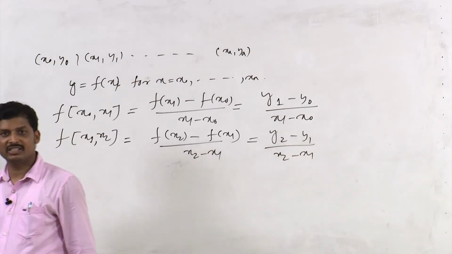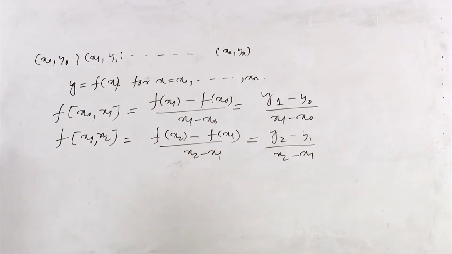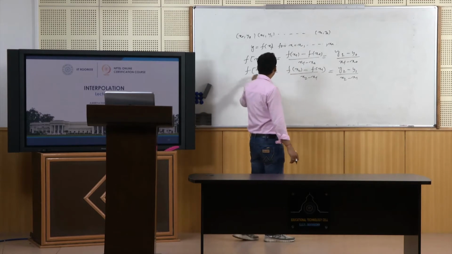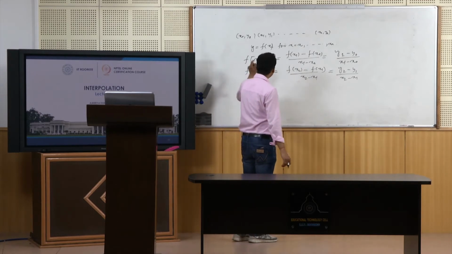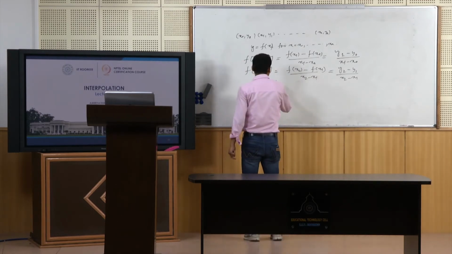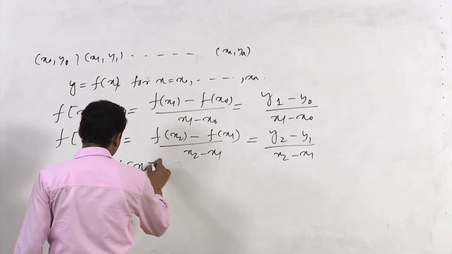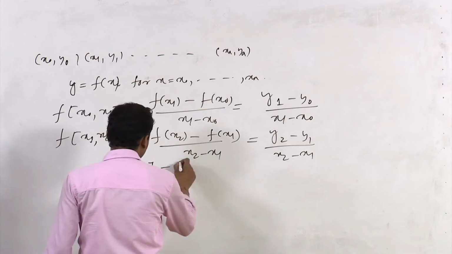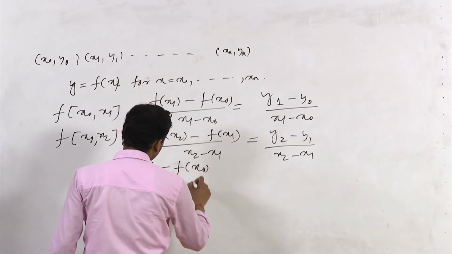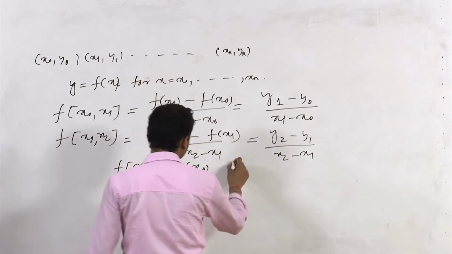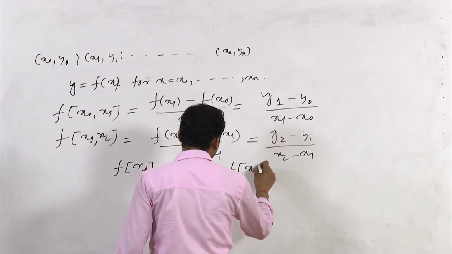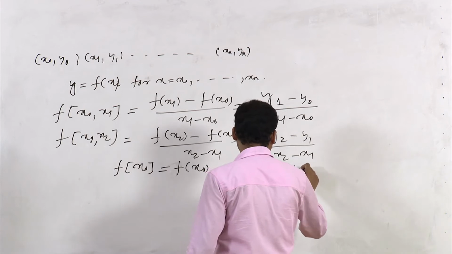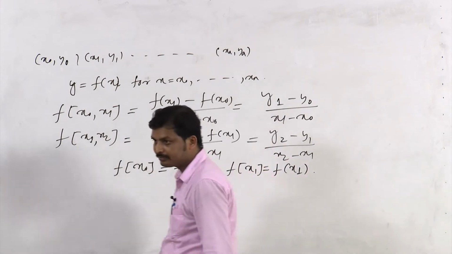Obviously the question arises: if we write the values x0 and x1 as arguments, how can we express f of x0 here? We can write f of x0 equals f of x0, and likewise f of x1. Since these are independent points, we can write the arguments as the functional values at those points.